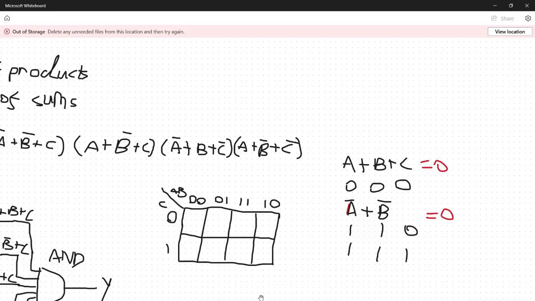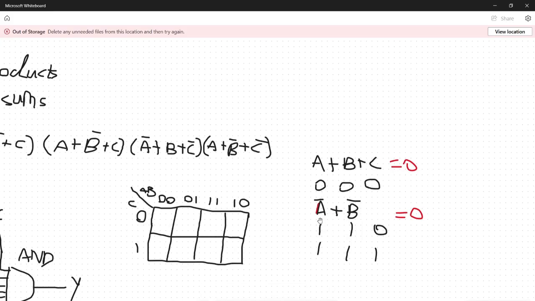I'm not sure if I made myself quite clear. So when I plug in 1 and 1 in B and A, that'll give me 0. But then we still have a C variable, so this still needs to be 3 digits. So this will work when C is 0 and when C is 1.